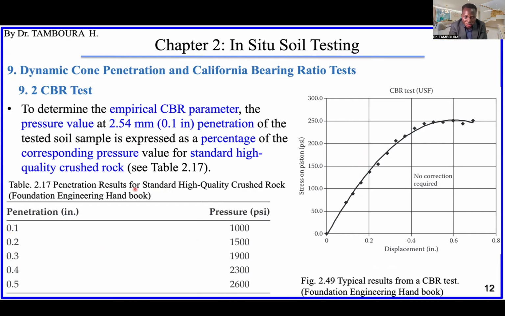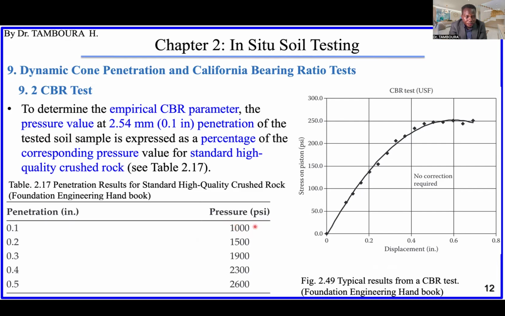For high quality crushed rock, you know that, right? 0.1 inches corresponds to 1,000 pounds per square inch. If you want, you can convert this into kilopascals.